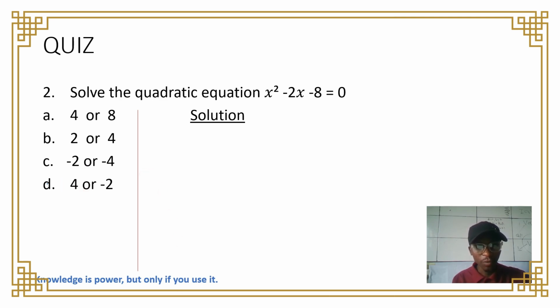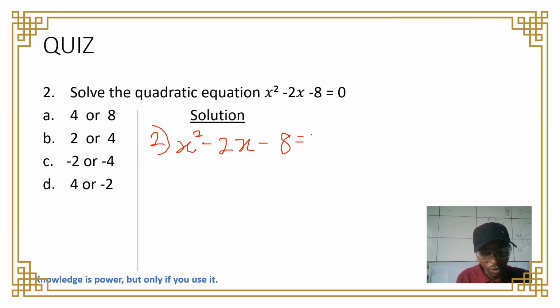All right. Without wasting time, let's quickly simplify this. We have x squared minus 2x minus 8 equal to 0. So let's apply the formula method to solve the problem.